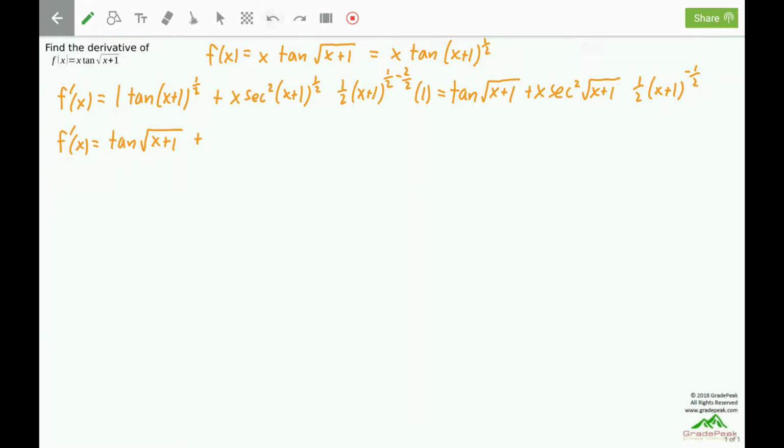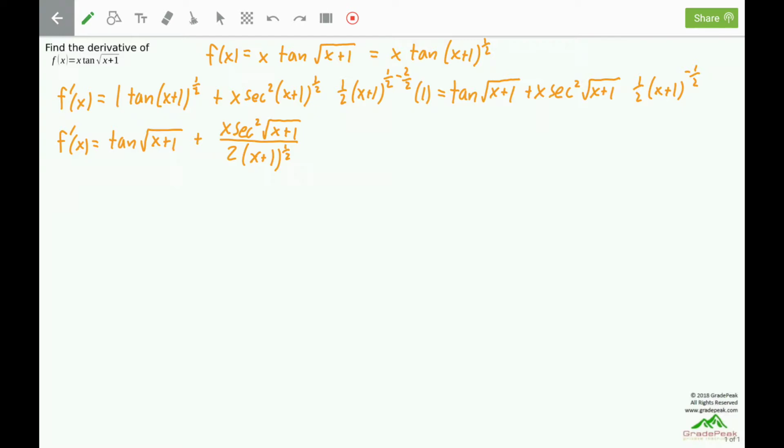So we will have in the numerator an x secant squared of the square root of x plus 1. And in the denominator we have the 2 and the x plus 1 moved down so that it can be a positive exponent, positive 1/2.